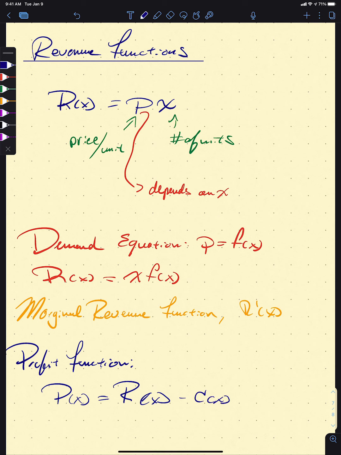You just simply subtract the two, and that's going to give us our profit function. And then, of course, we have a marginal profit function, P prime of x, which approximates the actual profit or loss that you would realize from selling one more, assuming you sold X. So that's a lot of information, but let's take a look at an example.